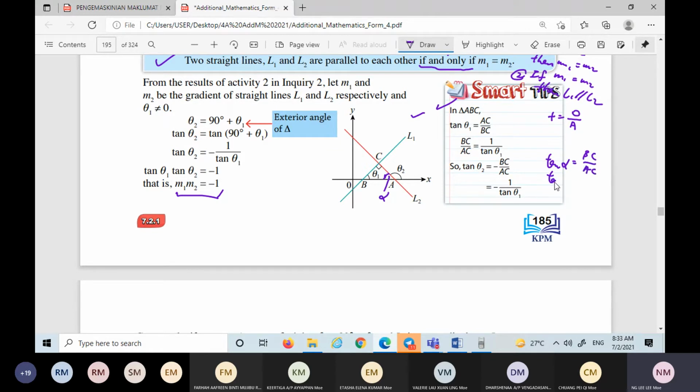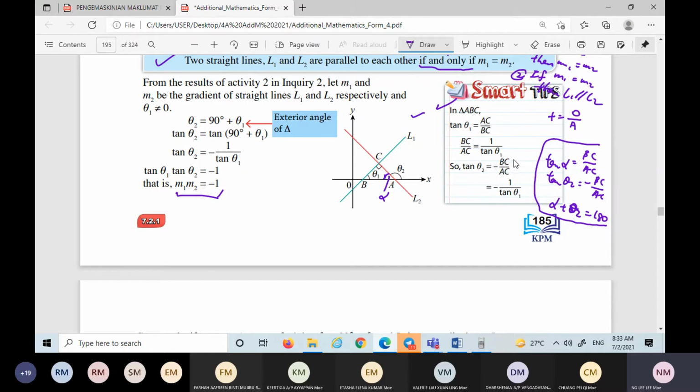Then tangent theta 2 is the negative of tangent alpha, so only a negative is the difference, where alpha plus theta 2 is 180. You will learn this from Form 5. I don't think you learn this in lower forms, but because I need to prove it, I will just touch and go. So tangent theta 2 is equal to negative BC over AC.